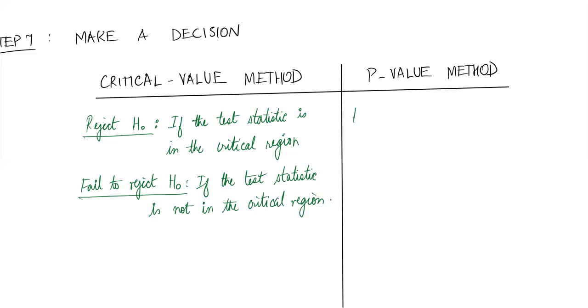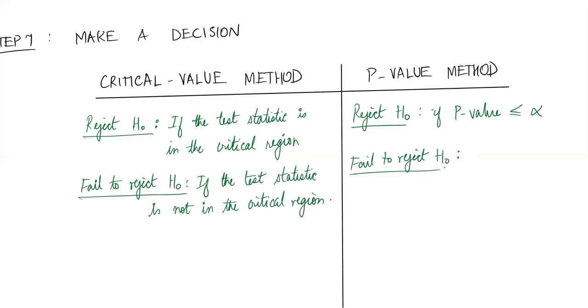And for the p-value, you have to make similar decisions. So we reject H naught if the p-value that we determined is less than or equal to alpha, and fail to reject H naught is the other way around, if the p-value is greater than alpha.